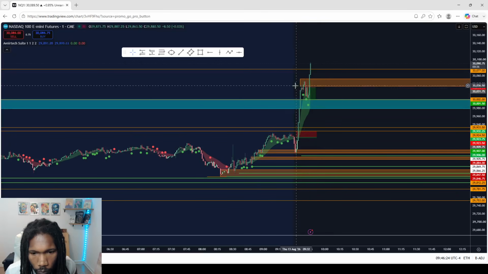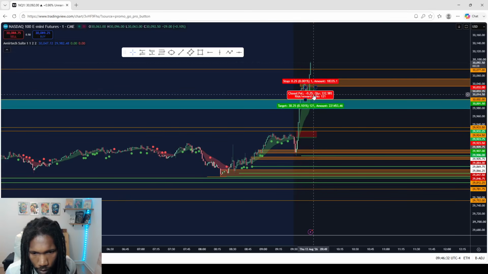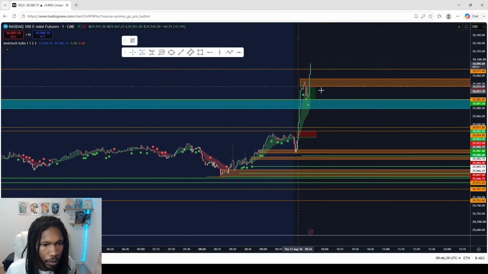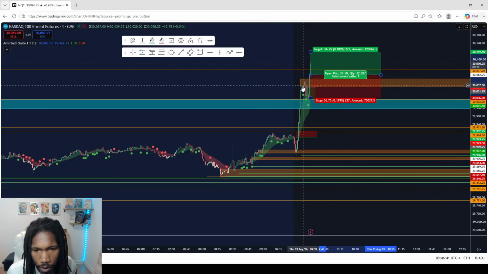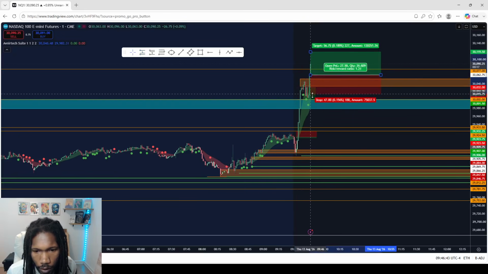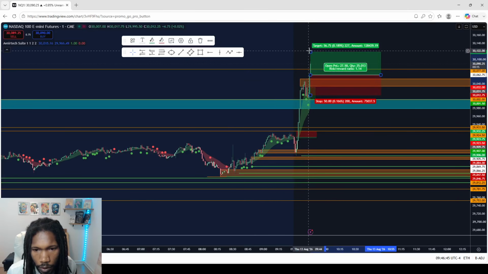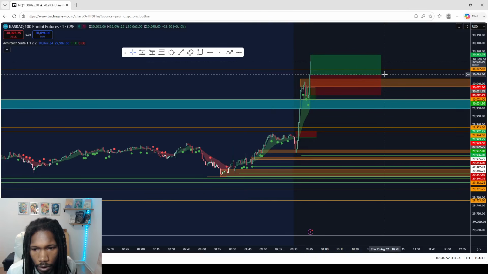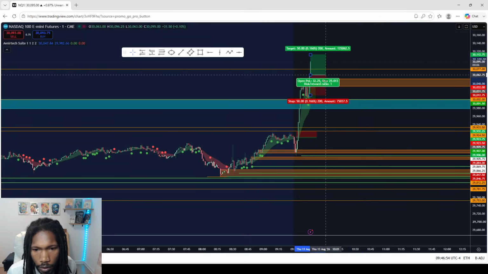With this break above this liquidity level, we could have entered off of here, stop at the low of this candle, and then taken it for a 1-to-1. The low right here, our stop right there for 200, and 200 is our goal. That's our target for that play.